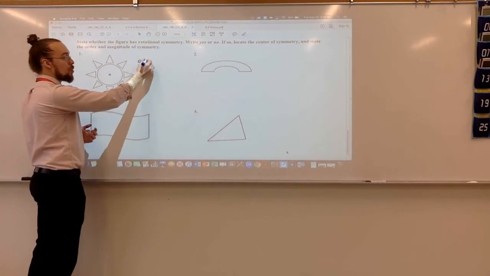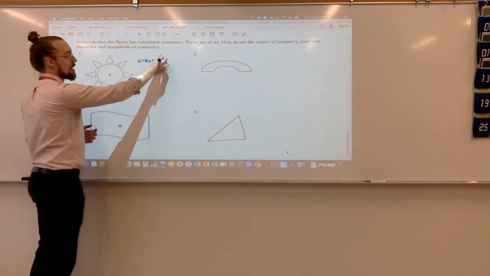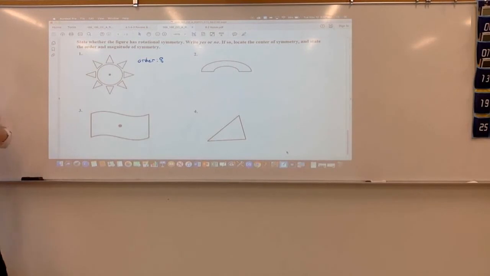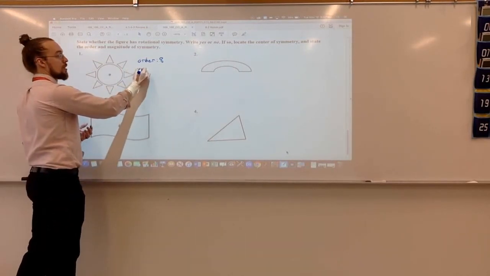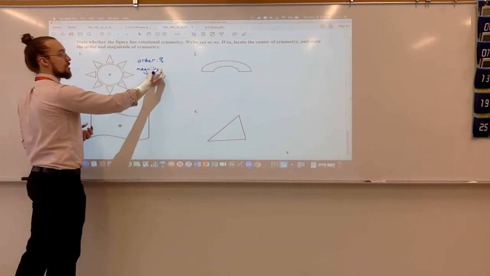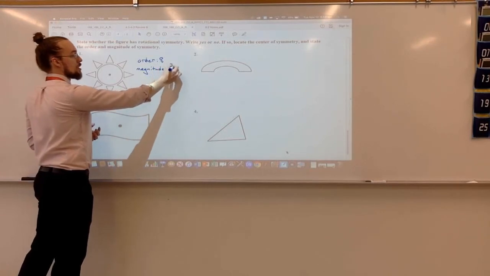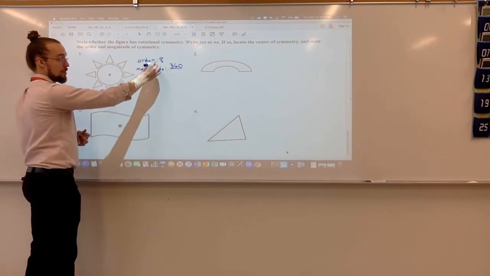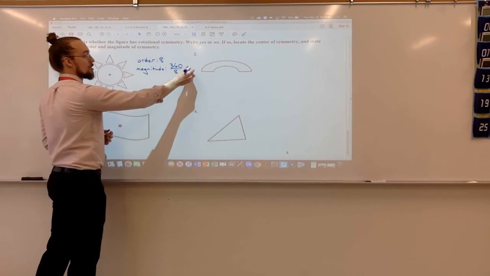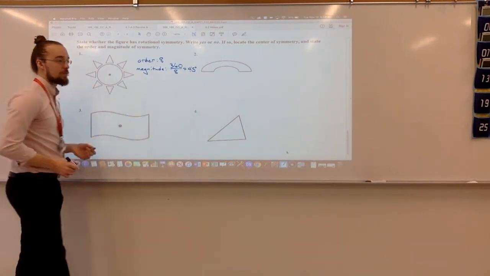So that means the order is 8. Then the magnitude, okay, I would just take 360 divided by the order and get that the magnitude is 45 degrees.